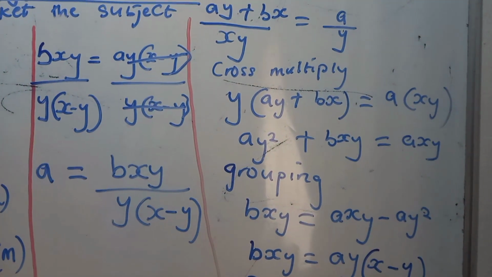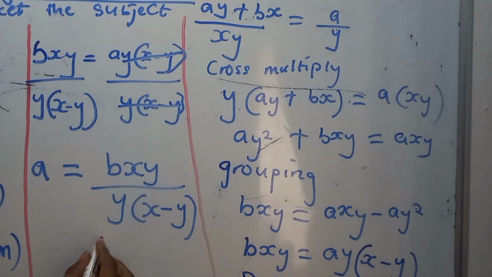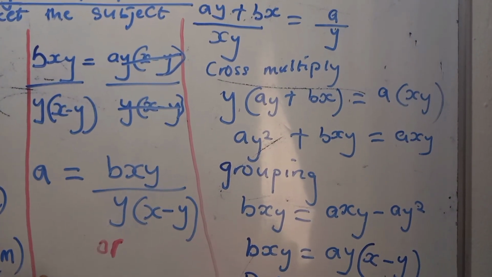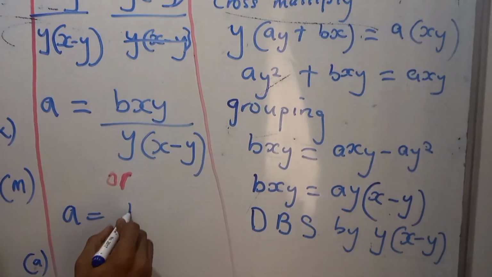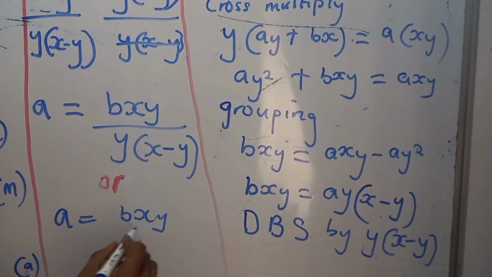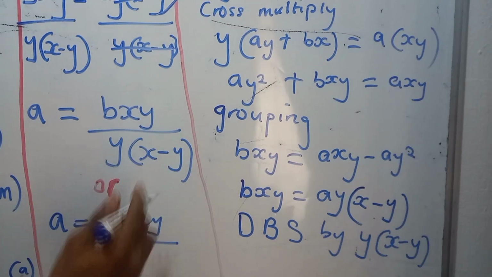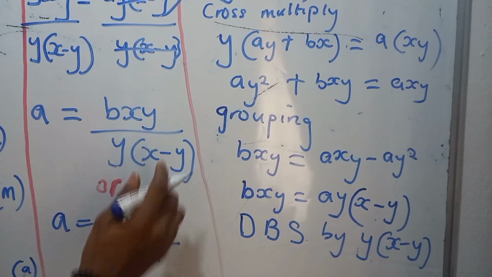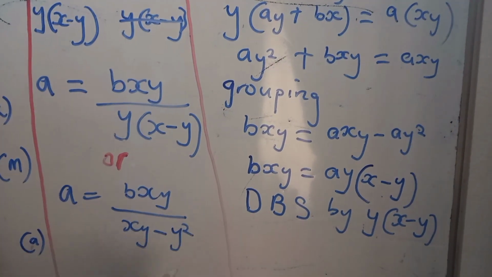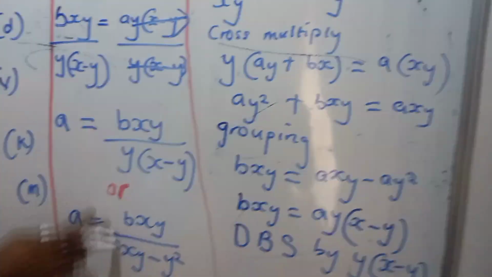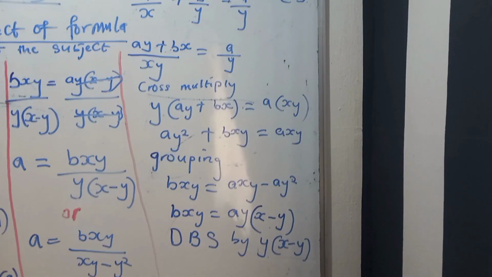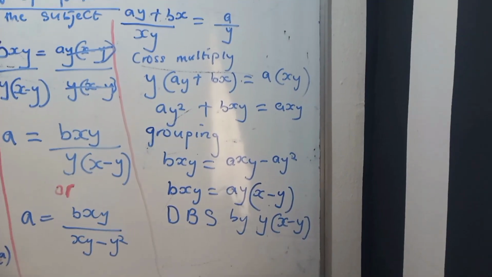Or if you don't want to leave it like this, we have a equals bxy over y times x is xy, minus y times y is minus y squared. So this is the final answer. Any of them you are still correct. So just work very well. It's very simple.